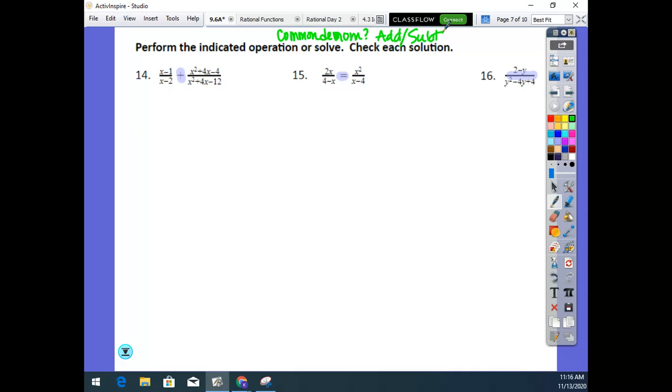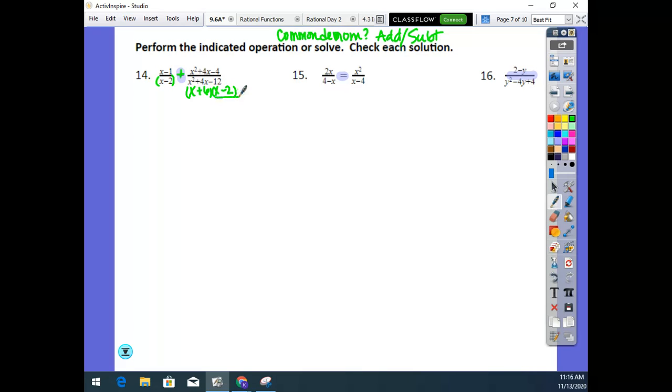Okay? So when I look at 14, when I'm adding, I need to get a common denominator using common factors. So the factor that we have in this denominator is x minus 2. This one we have to factor first into x plus 6 and x minus 2.